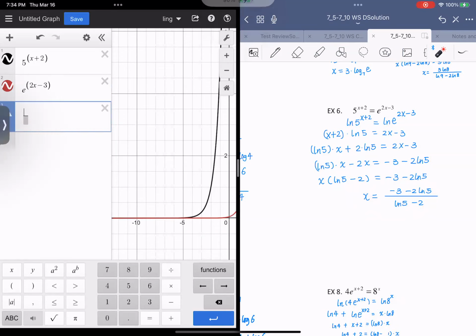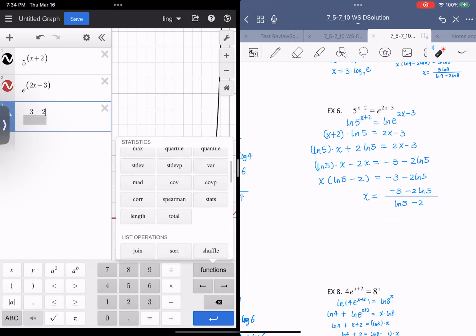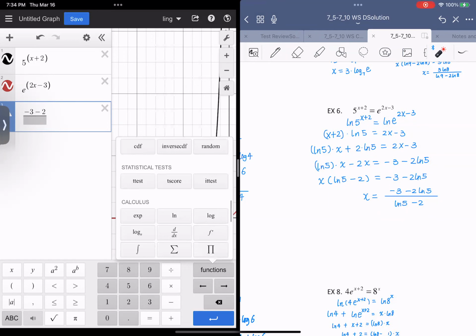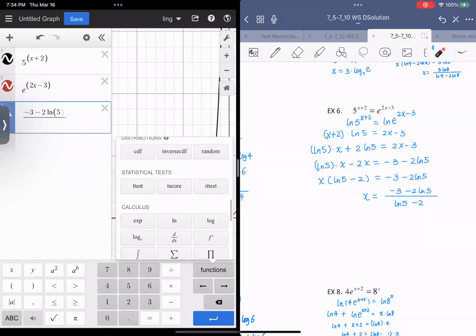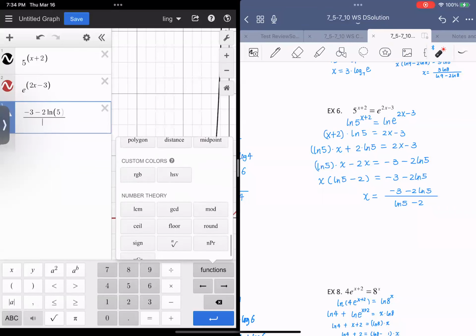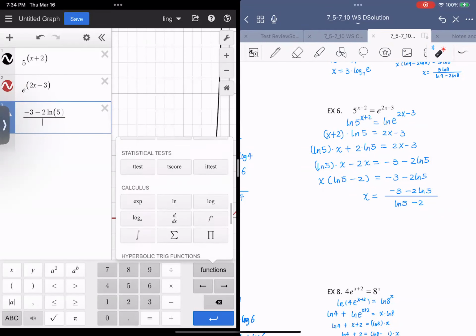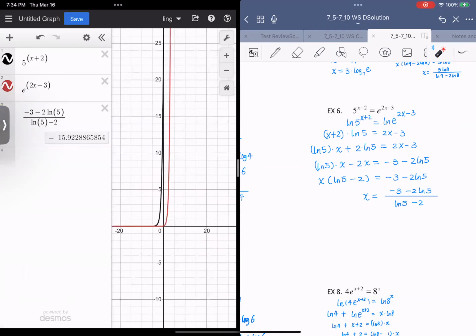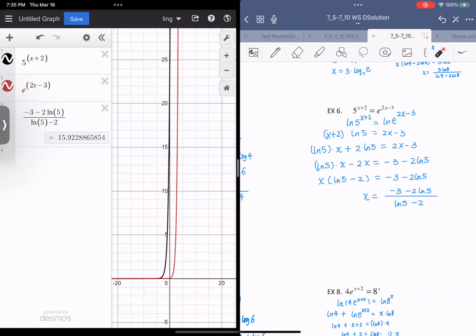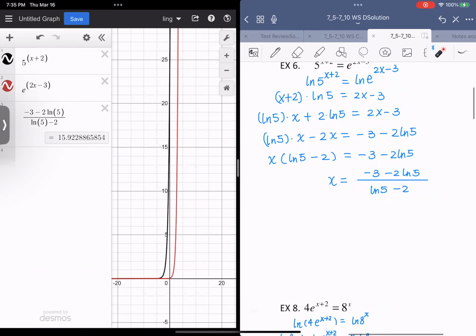So you can do this. You will do this fraction: minus 3 minus 2 times ln, which is the natural log, of 5, divided by ln of 5, and then minus 2. Okay. It's crazy. This one doesn't show over here. Yeah, but our answer is correct.